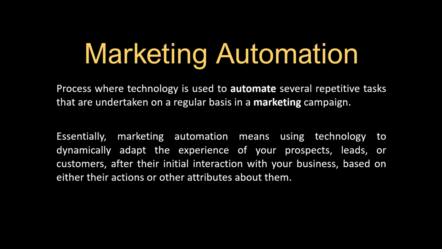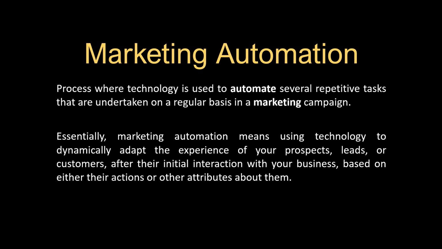Now that's true, but today when people refer to automation in online marketing, they're usually referring to specifically workflows that use smart logic to take action based on how prospects behave or other parameters. So basically, marketing automation today means using technology to dynamically adapt the experience of your prospects or your leads or your customers after their initial interaction with your business based on either their actions or other attributes about them.